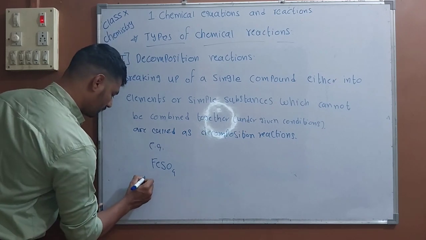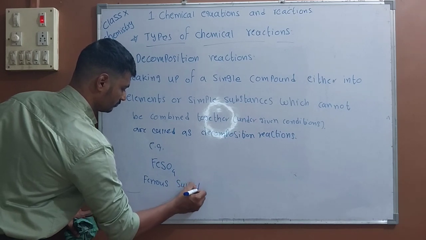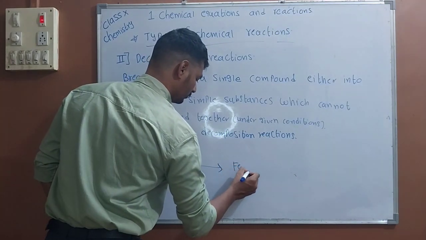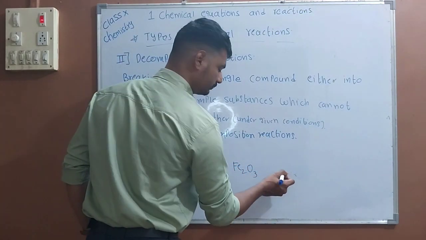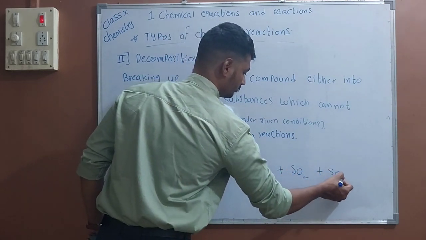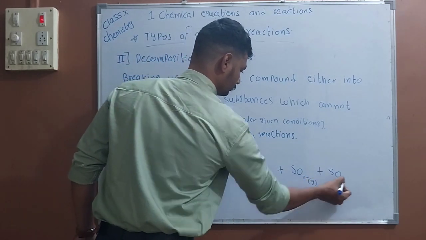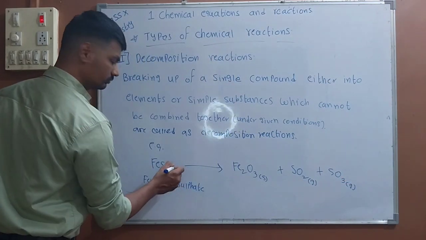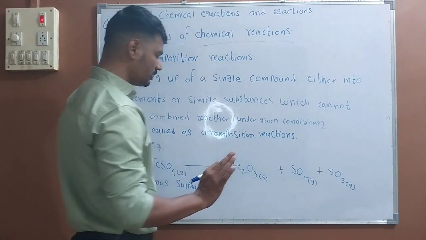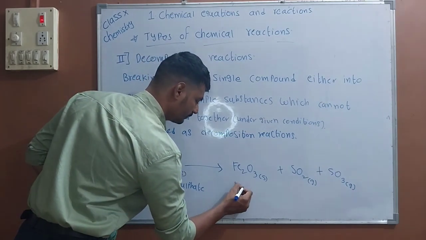Let's take the example of ferrous sulfate. So this is the reaction of breaking of ferrous sulfate into ferric oxide.